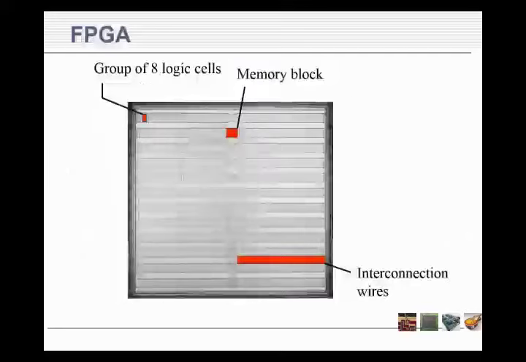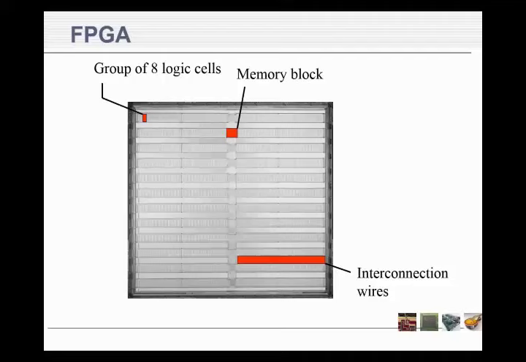So when you're looking at that, these logic cells are actually more like either multiplexers or truth tables. That's all they are.